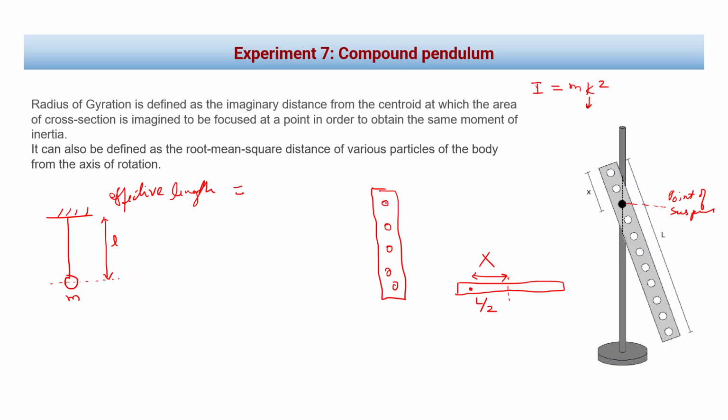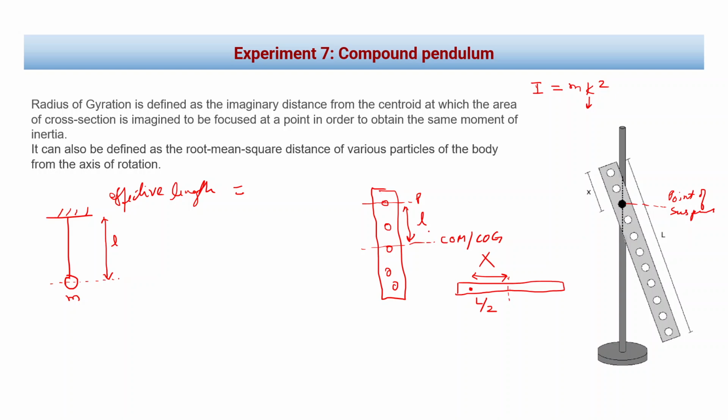Because the center of mass, or center of gravity, is the same, the point of suspension we can vary depending on the distance of the holes. If this is the point of suspension, we can call this length small l, but remember this is not the effective length that we need.